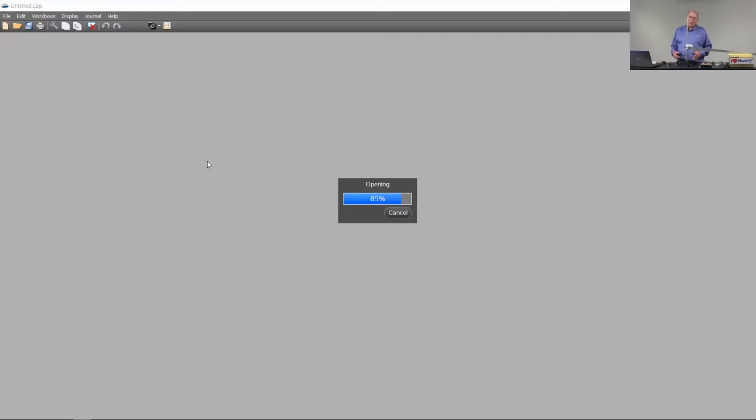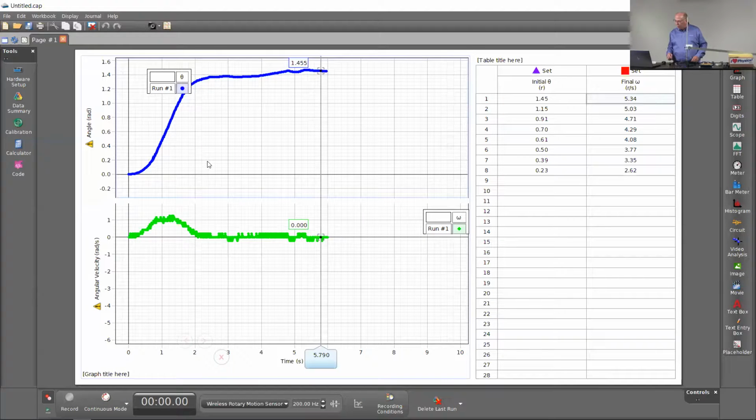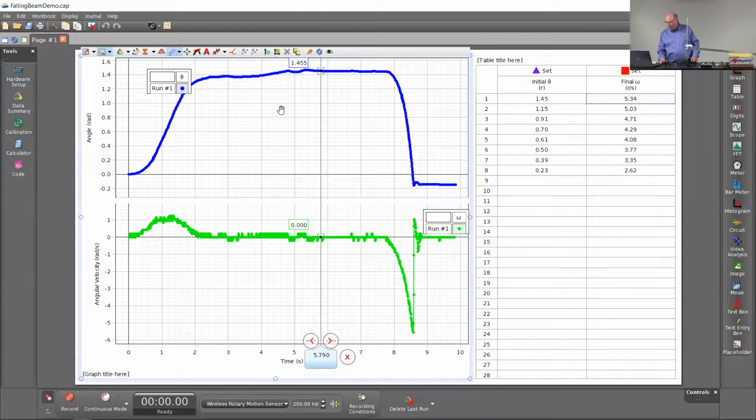I took out some of the last steps so I can walk you through them. So you can see the same thing that we just did, except I've done it 8 times, and I have the angular velocities recorded. So the students would go through and do more. And getting 8 points doesn't take very long.